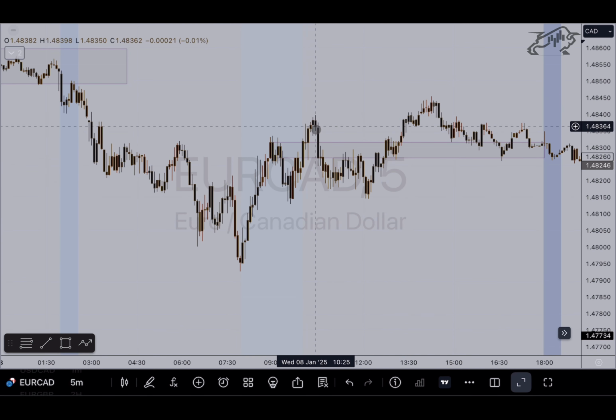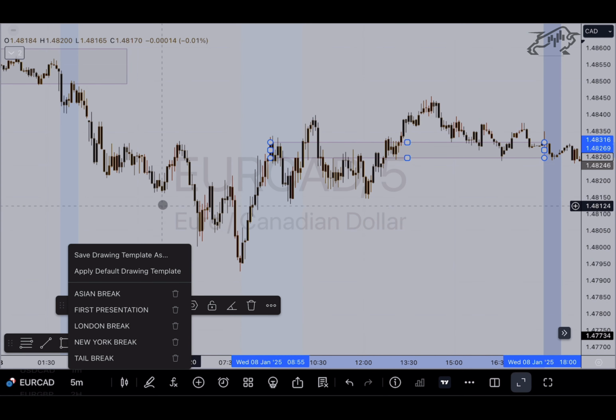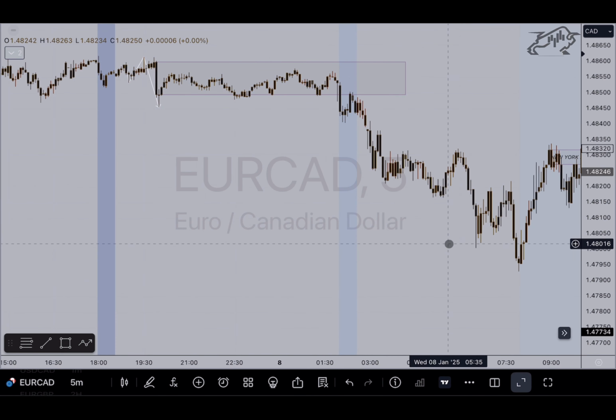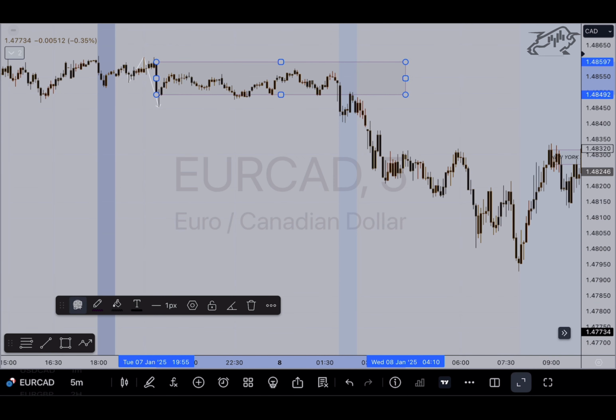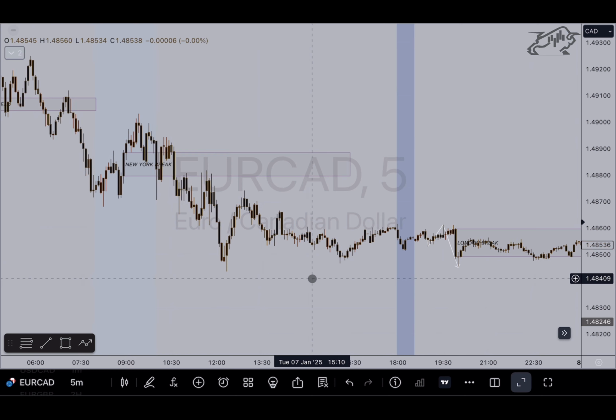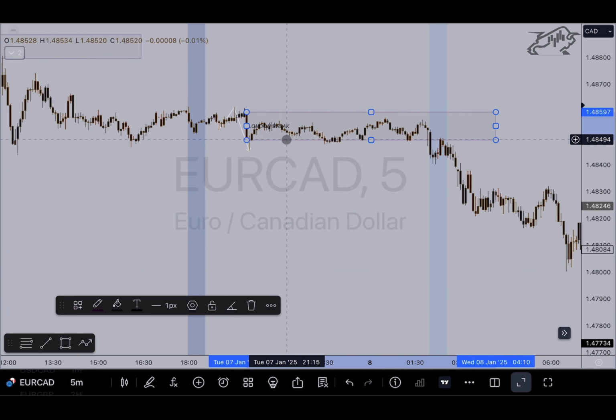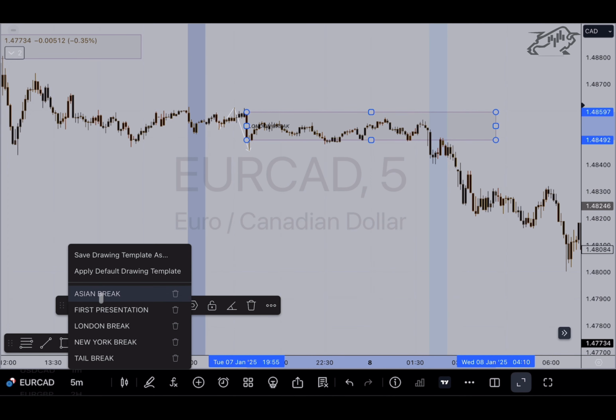That is going to be something that we can use for a longer term, a stronger level. A stronger level is going to form in our New York session. Our New York levels are going to be stronger. And we want to label everything that is going to stay on the chart.